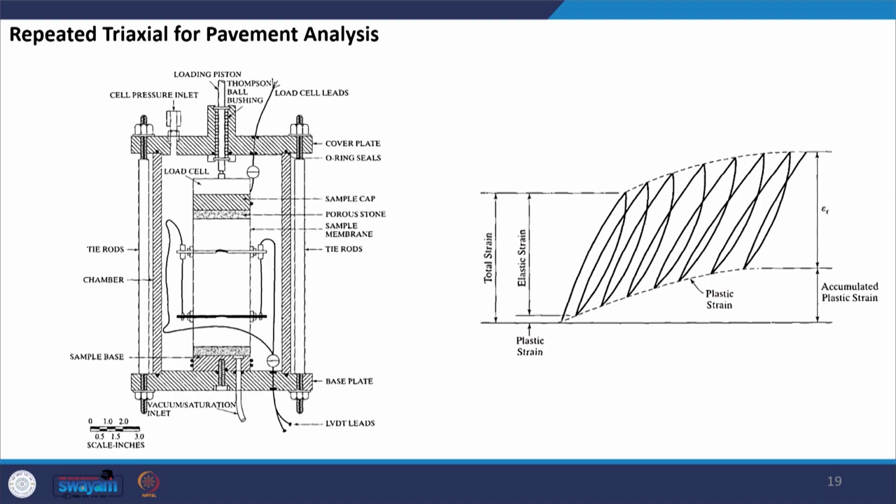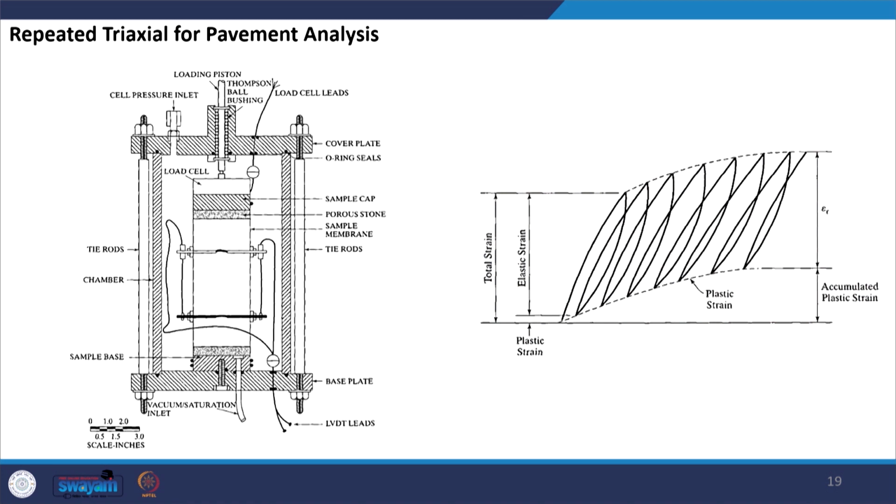Similarly, for soil, that is the subgrade material, we also use the triaxial test, but not specifically to assess the value of C and phi. Rather, we perform a repeated triaxial test to get the permanent strain in the material after a few load repetitions.